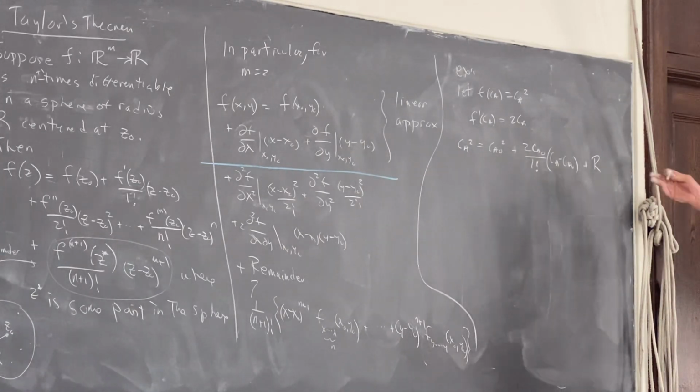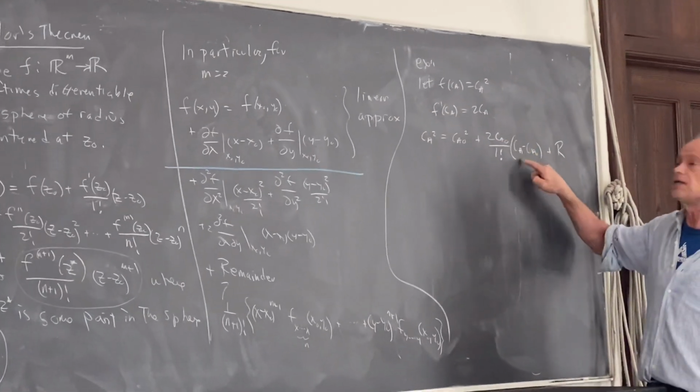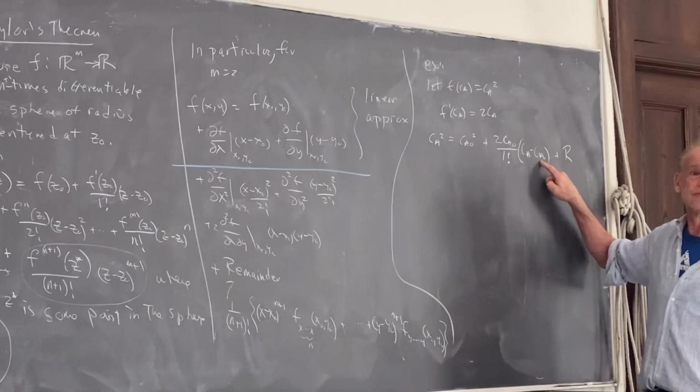So that is the linear approximation. This is nonlinear. Here's a constant, and I just have a CA minus CA0. Clear?